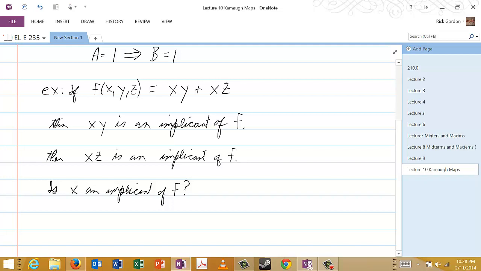If y and z are both 0, then 1 ANDed with 0 is 0 in the first term, 1 ANDed with 0 would be 0 in the second term, and 0 ORed with 0 would be 0. So it is possible that x could be equal to 1, and yet f would still be equal to 0. And therefore, since x equals 1 does not necessarily imply that f is equal to 1, x is not an implicant of f. Now let's look at another example.